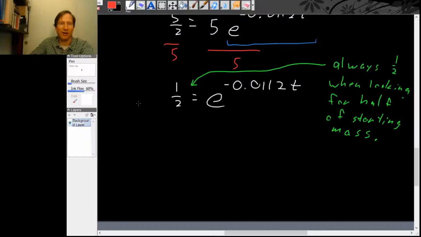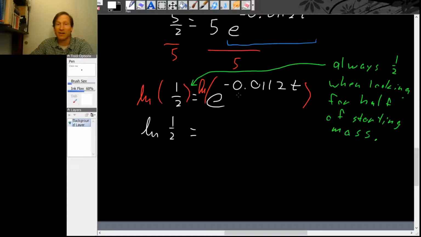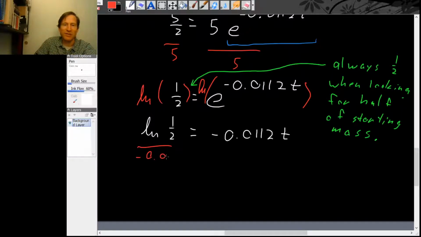Okay, so let's finish solving. Just take a natural log on both sides. On the left-hand side, natural log of 1/2. On the right-hand side, the natural log and the exponential base e undo each other, and you get negative 0.0112 times t. Then divide both sides by negative 0.0112.